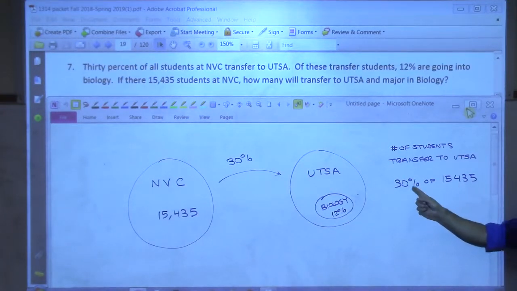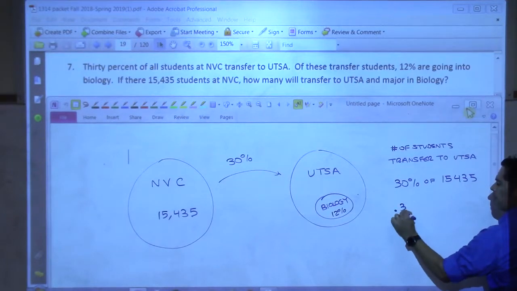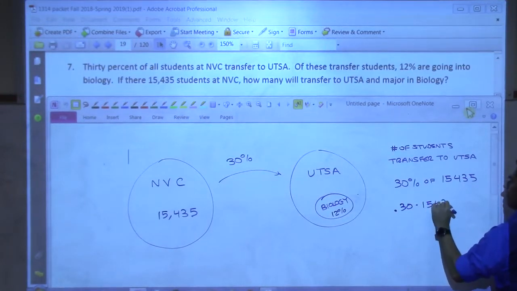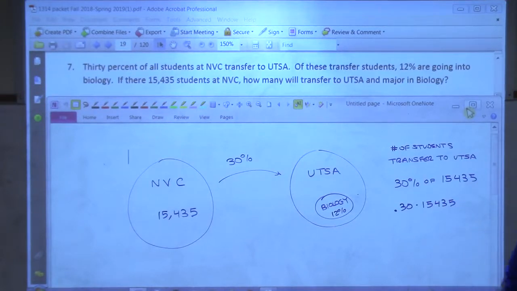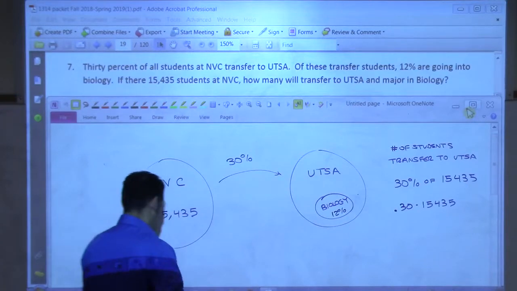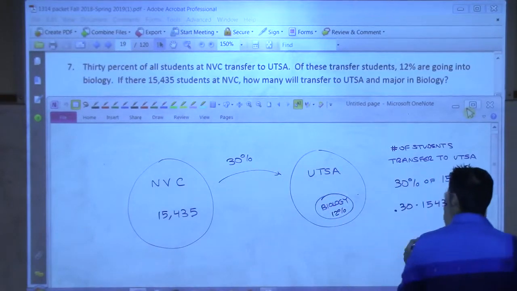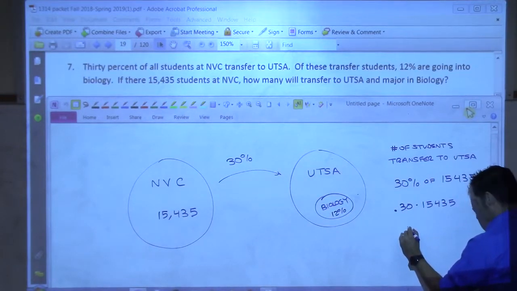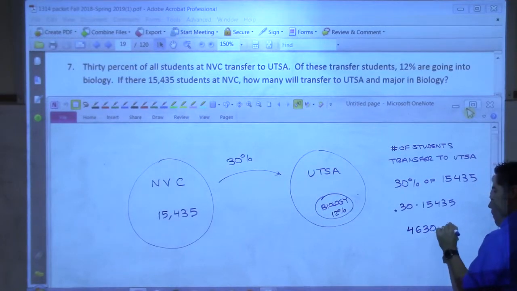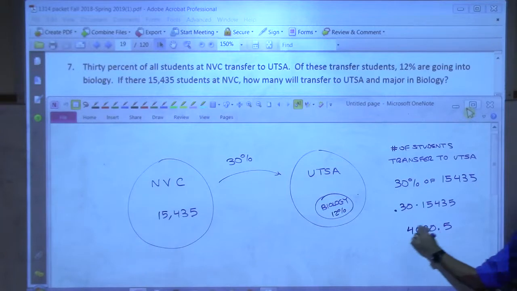So this right here means 0.3 times 15,435. And we do that on our calculator, and we get 4,630.5. Okay, so this equals this.